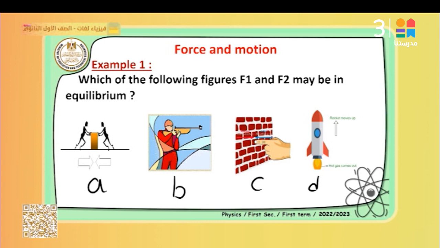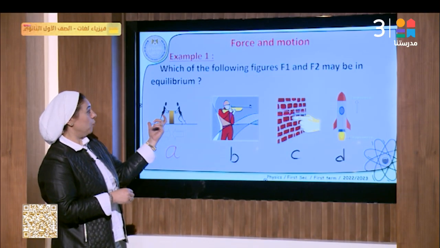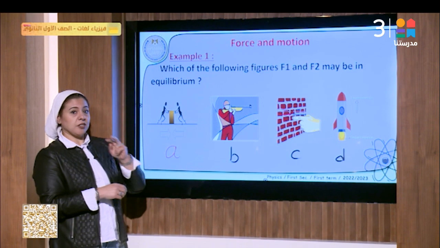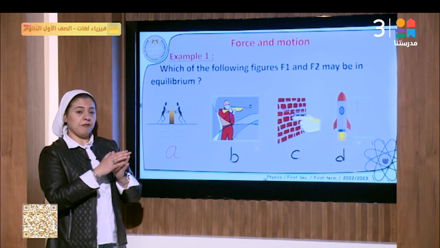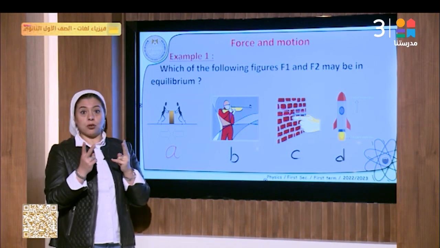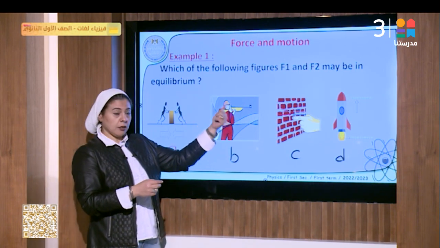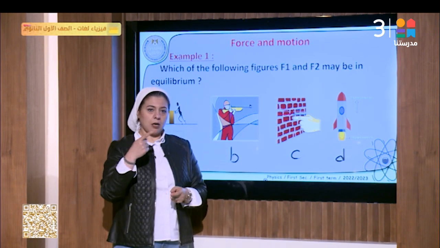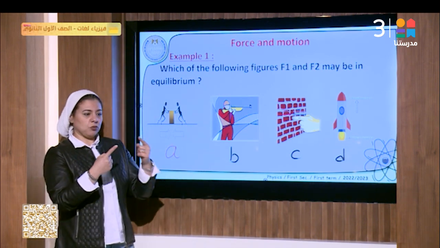I guess all of you know the answer, which is A. In this case, F1 and F2 may be in equilibrium, because we have two different persons applying forces on the same object. In action-reaction, or Newton's third law, we have only two objects or two bodies, just like here: a bullet and the gun, and here your finger with the wall. When you apply a force with your finger on the wall, the wall applies another force on your finger with the same magnitude but in the opposite direction.